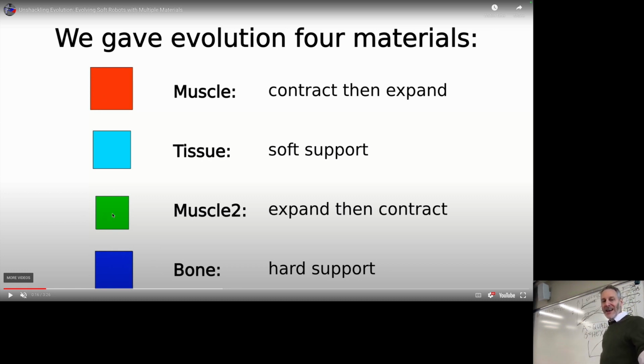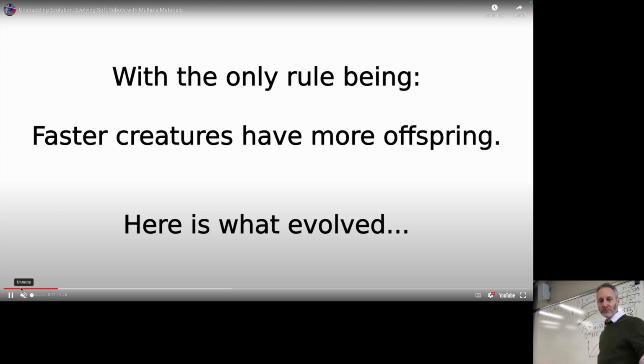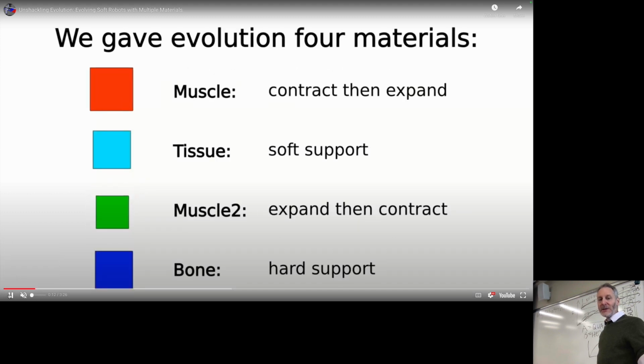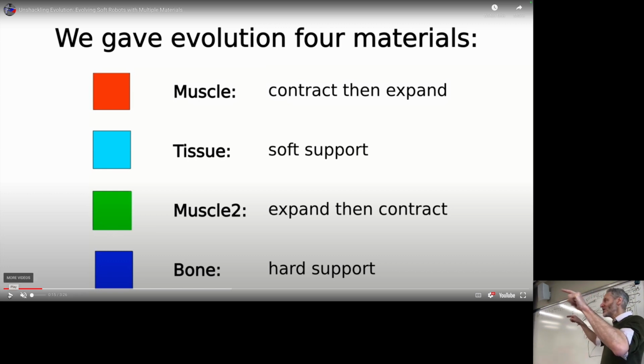Red and green voxels, they have medium stiffness, but they also contract and expand. In this case, the CPGs that are going to exist inside these soft robots are changing the resting length of the beams leaving the red voxels, and the CPGs are also altering the resting length of the green voxels.